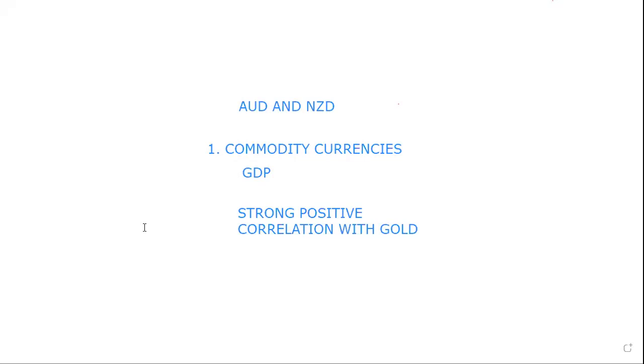It is because the Australian dollar, AUD, is the world's third largest producer of gold.